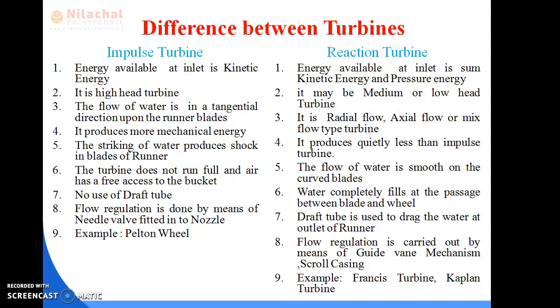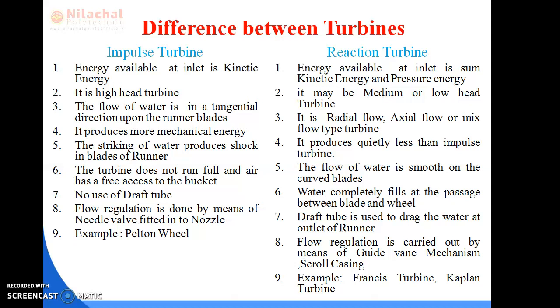Next point, in case of an impulse turbine, the jet of water strikes the buckets of the runner in a tangential direction. Hence the impulse turbine is also known as a tangential flow turbine. In case of a reaction turbine, the flows are radial, maybe axial, or a mix of the two flows, so it is also known as a mixed flow type turbine.